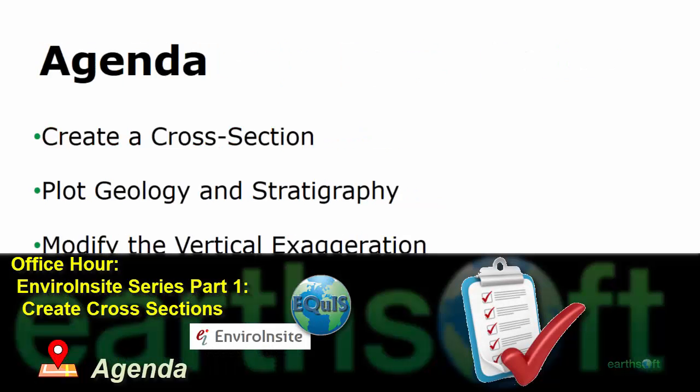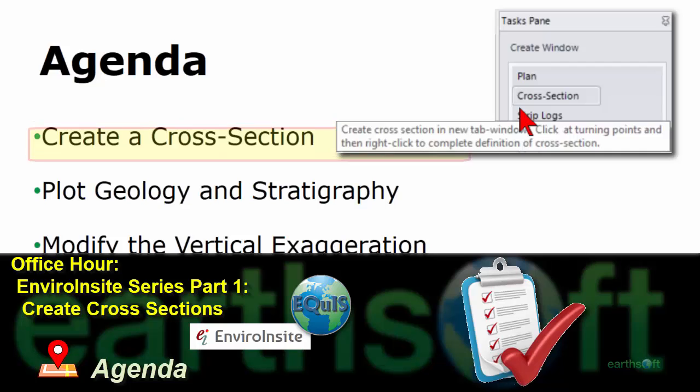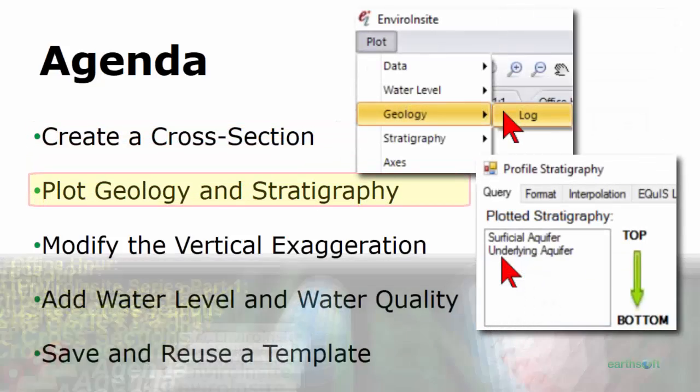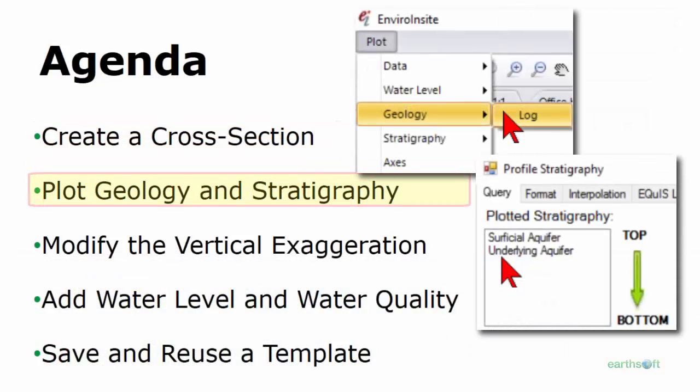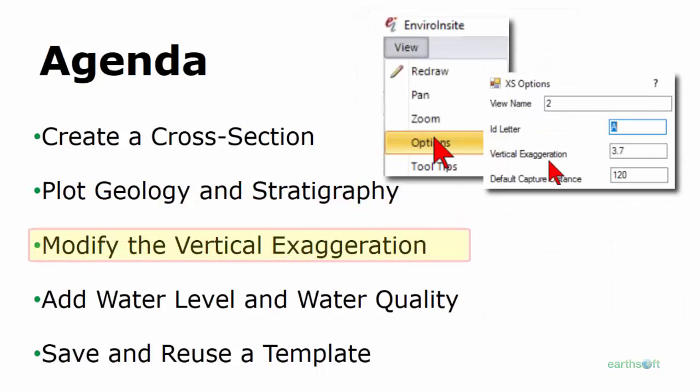For today's agenda, we will create a cross-section. We'll plot geology and stratigraphy on that cross-section, and then modify the vertical exaggeration. I'll at least show you how to do that. We may not actually change that for our demonstration, to keep things as large as we can.